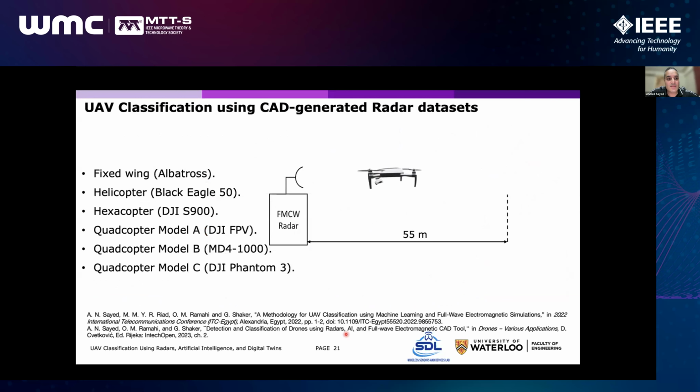To generate the initial dataset using this method, we modeled 6 different drones: fixed wing, helicopter, hexacopter, and 3 quadcopters of different sizes. All these drones were moving in front of a radar from a distance of 55 meters. We use this distance to match the state-of-the-art literature using millimeter wave radars in this field, for a fair comparison.